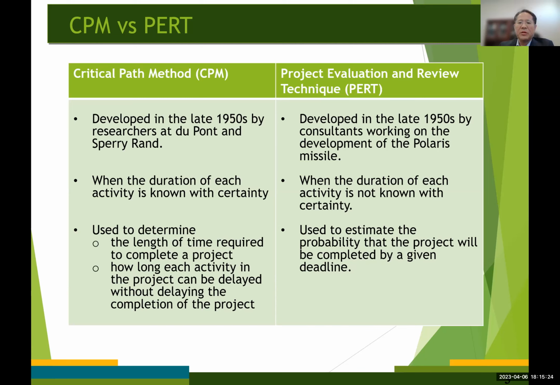I'm going to talk about it in a little bit, but PERT handles this uncertainty issue of the time required to complete an activity by developing three estimates and then computing the expected time using the beta distribution, okay?